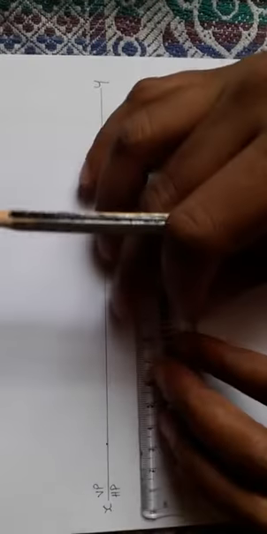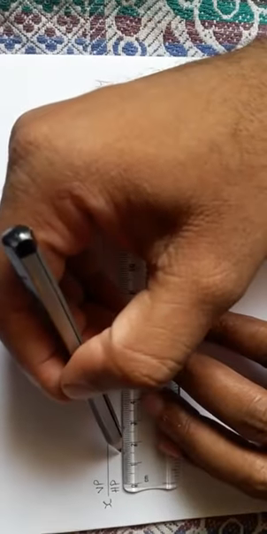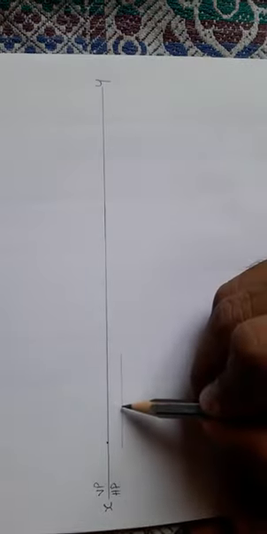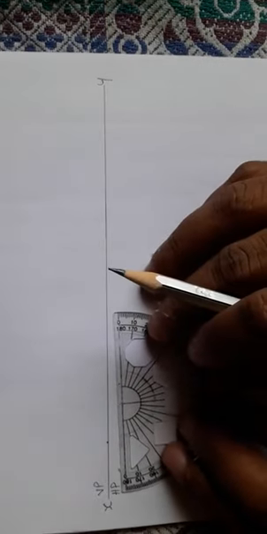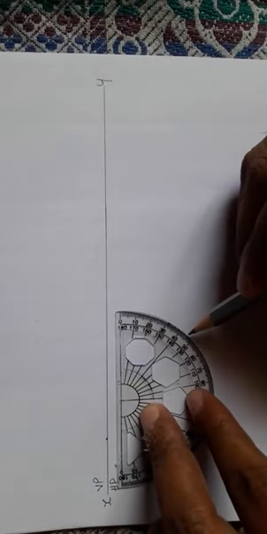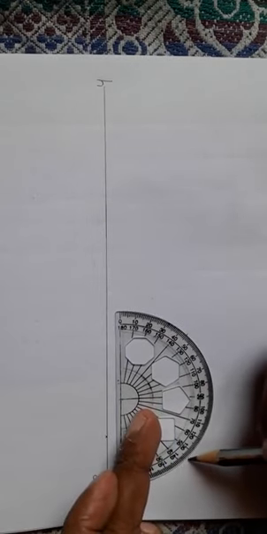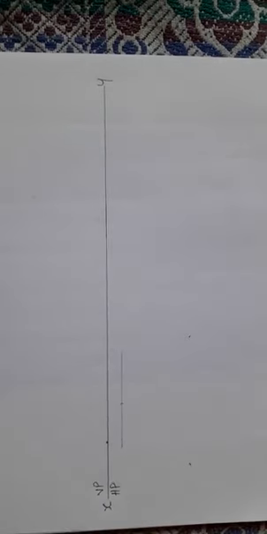Here I am going to draw a simple rough line, making a center point, taking the position at an angle of 45 degrees, and here 45 degrees.